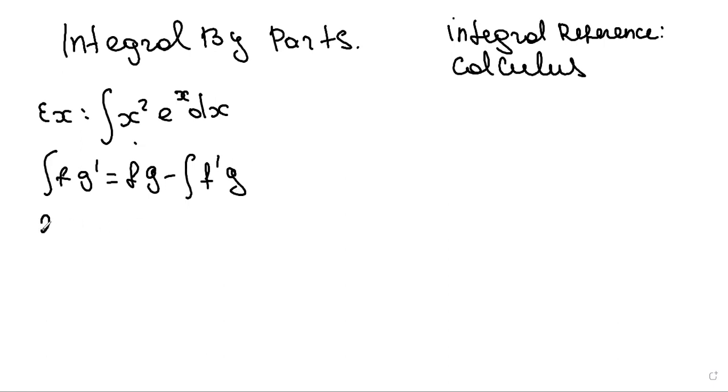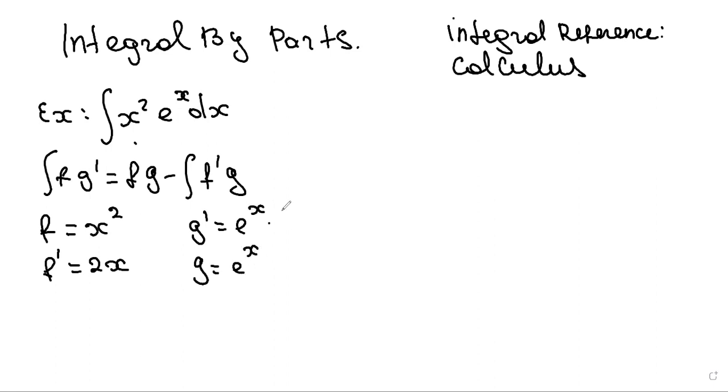So again, we are going to call f x squared, and f derivative will be 2x, and we are going to call g derivative e to the power of x, and you know that g is going to be e to the power of x again.